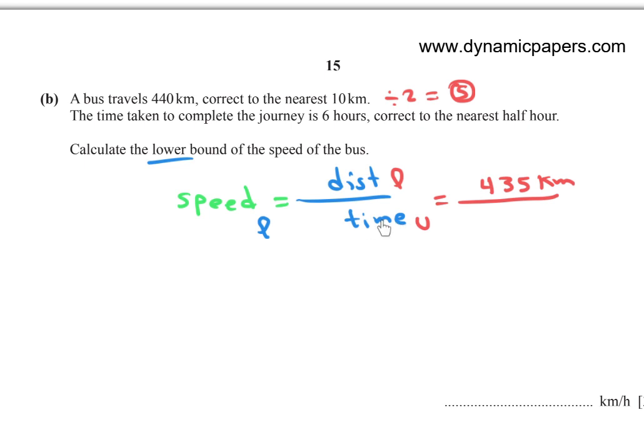For the time, I need the time upper, the time 6 hours to the nearest half. So half, or 0.5, divided by 2 equals 0.25. I need upper, so add: 6 plus 0.25, so 6.25 hours. Now divide. Answer: 69.6 kilometers per hour.